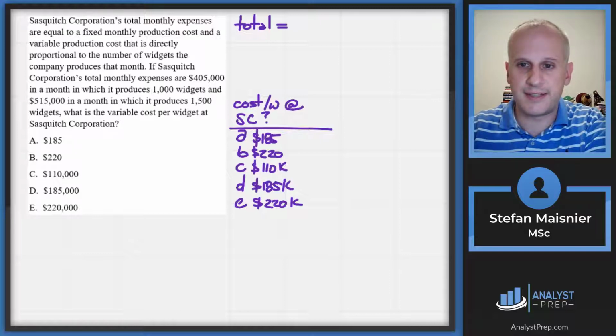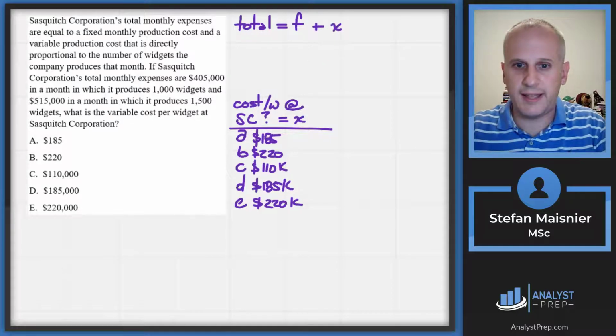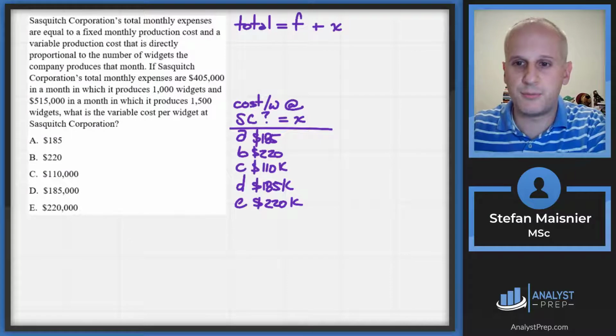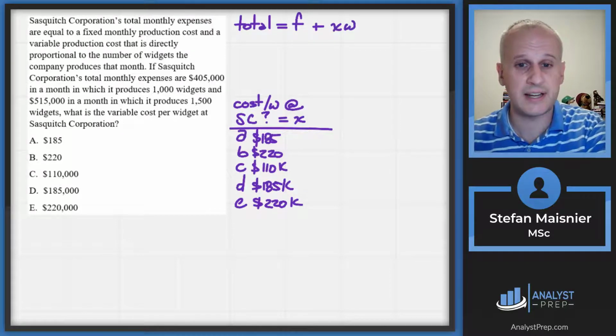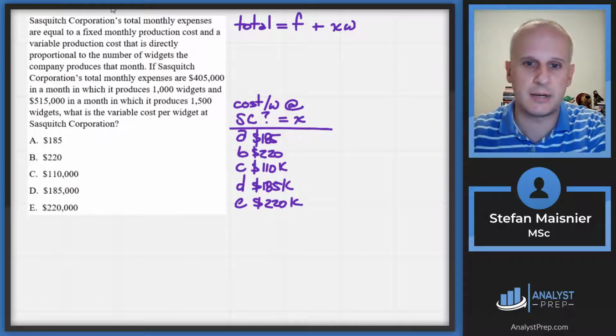So we'll just say that's F. And a variable production cost. Okay, so that we'll just call our X, which is the thing we're solving. So plus our X, that is directly proportional to the number of widgets. So we'll just call that number of widgets W. So we've got our equation set up here as total cost is equal to F plus XW.